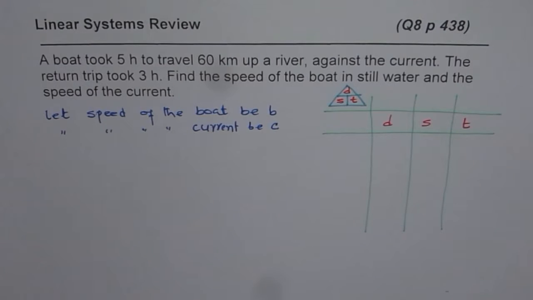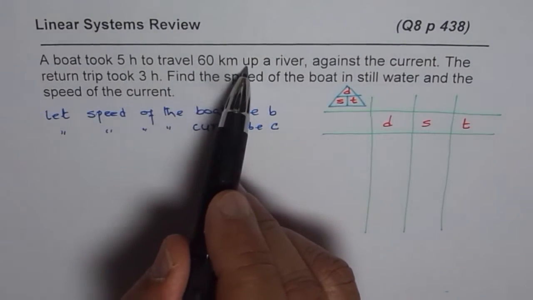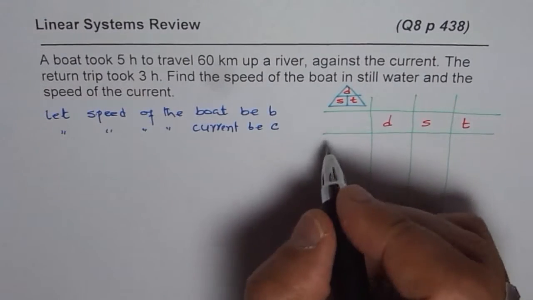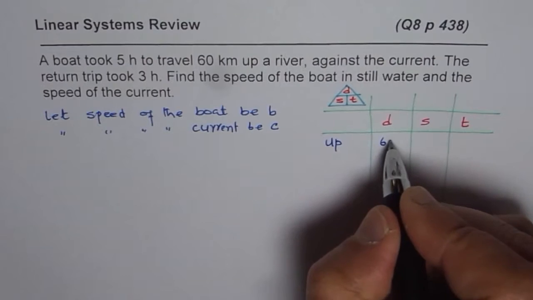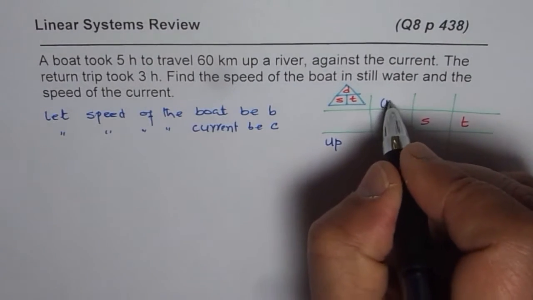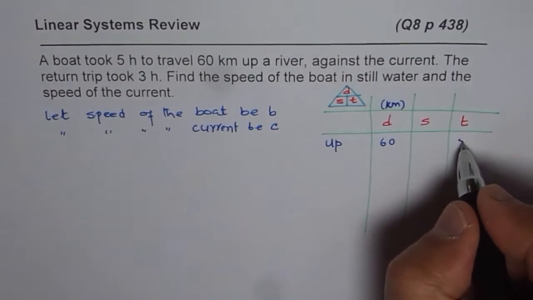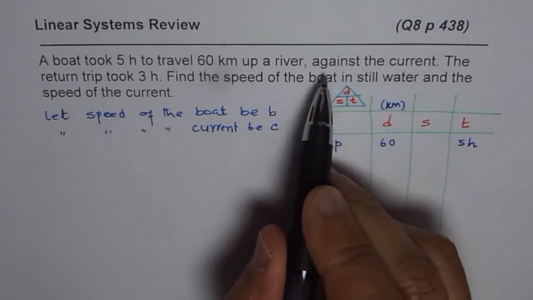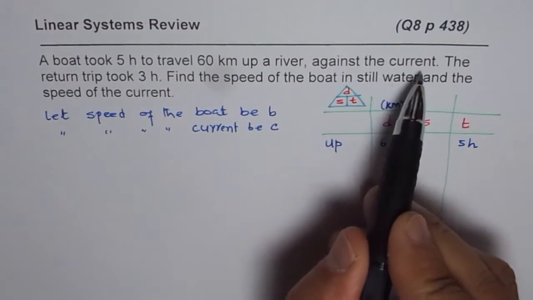Now what is given to us? A boat took 5 hours to travel 60 kilometers upstream. So distance is 60, let's write kilometers here as units, and it took 5 hours, against the current.